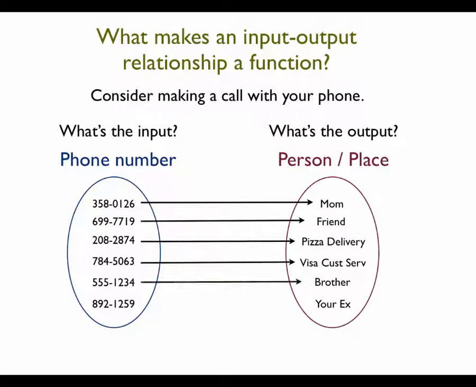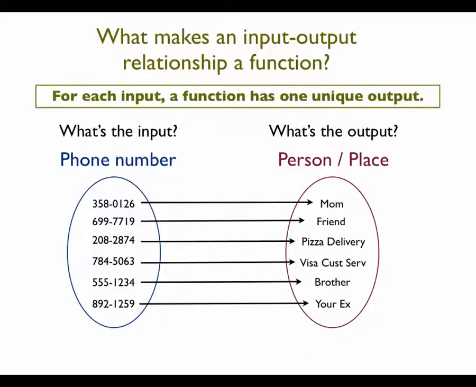Oh, hey. So this is a functioning phone, right? And this is the idea of a function. For each input, you get a particular output, and you get that same output every time you call the same number. That's a functioning phone, right? It's performing its function.